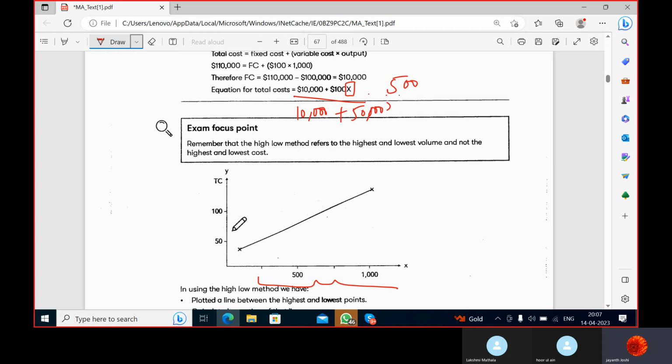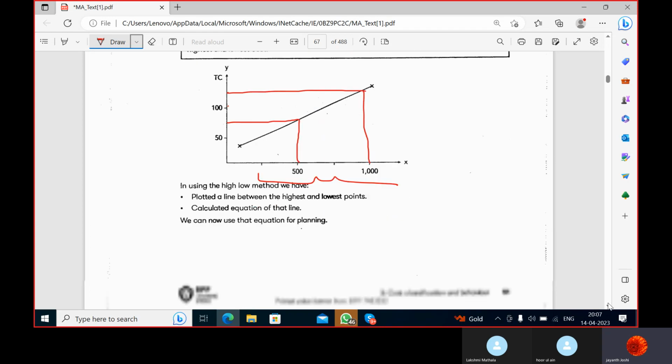So I think we are here almost. Correct? And if I take 1,000, it becomes 1,10,000. So we are here almost. You know, the cost is increasing with increasing number of units.